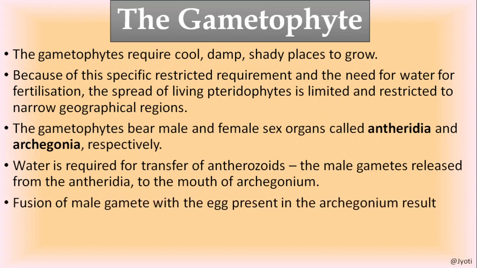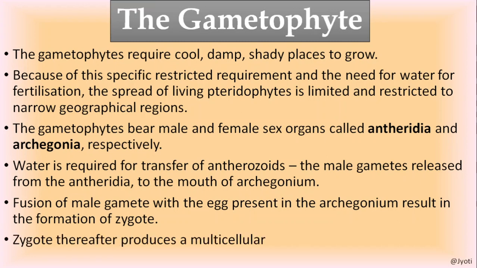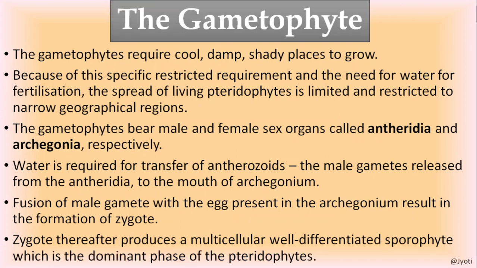I will show you the diagram so that it will be clear to you. Then the fusion of the male gamete and the female gamete, the egg, takes place in the archegonium. After the fusion, the zygote is formed. Then the zygote forms a multicellular, well differentiated sporophyte.